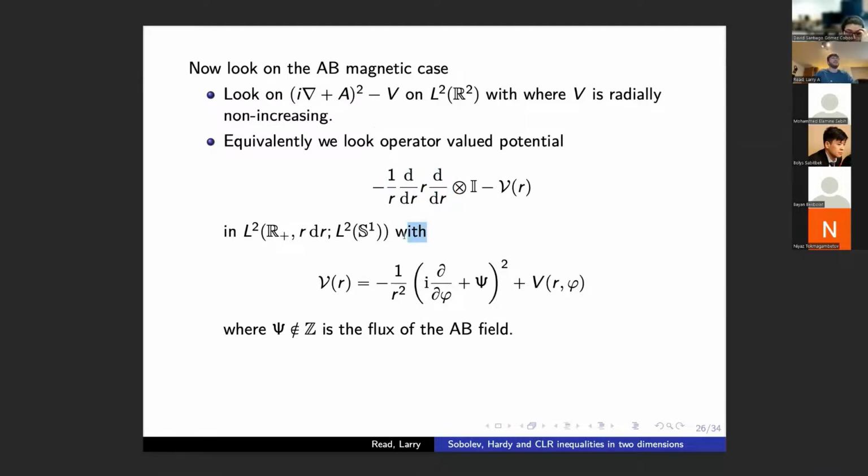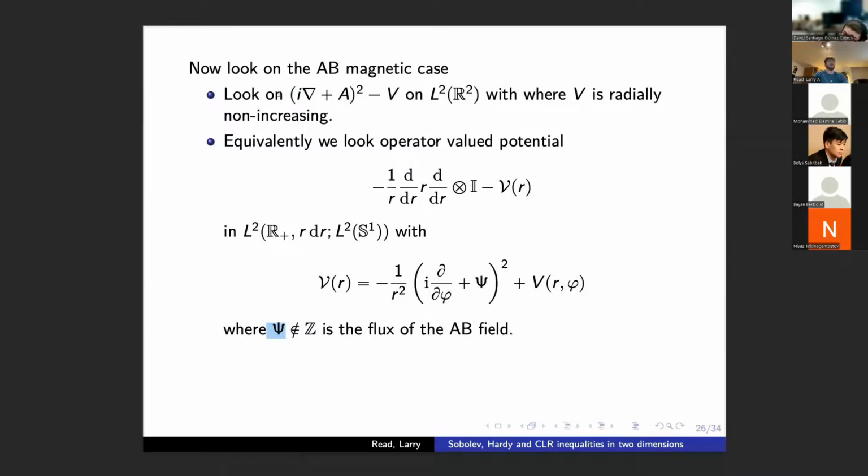If you consider the operator-valued potential to be equal to this operator here, what you find is exactly the equivalent in polar coordinates, and here psi is just the flux of the AB field.